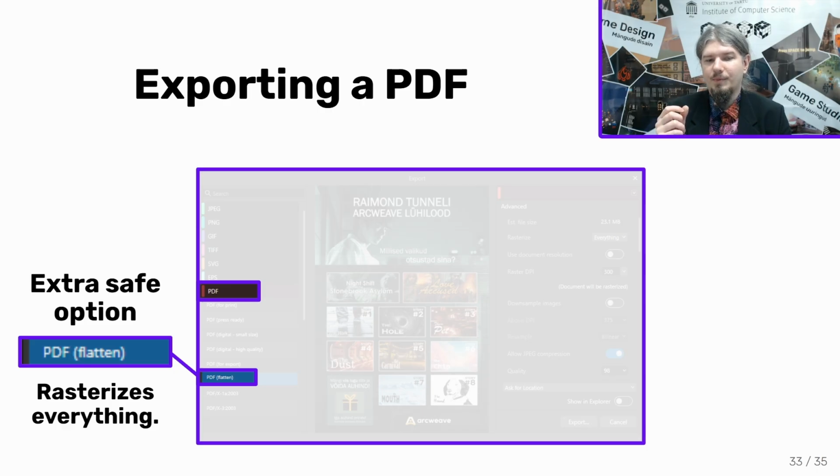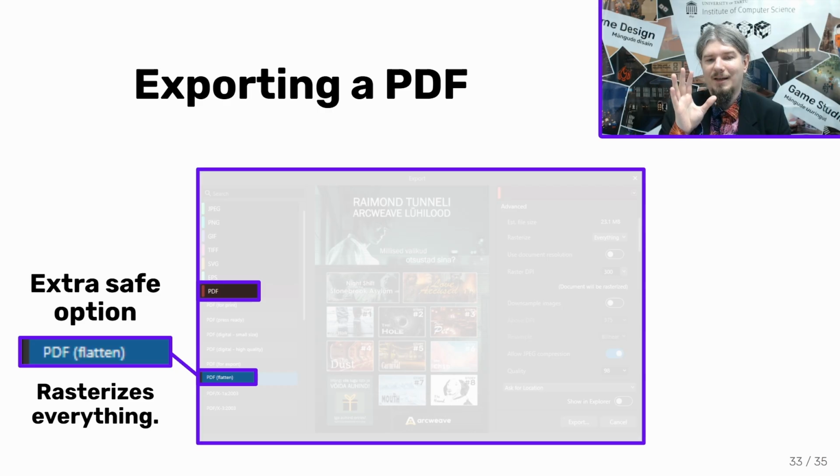Now there is this other option for the PDF. It's this flatten option. This will rasterize everything. When you do the PDF for print, it will keep all the graphics that it can as vector graphics, so the printer itself will have to rasterize them depending on the printing DPI.